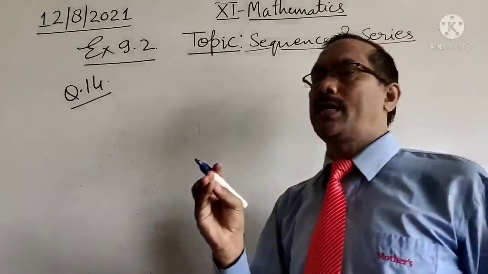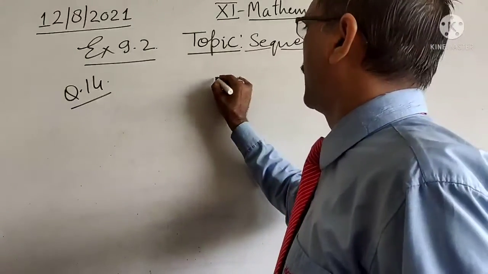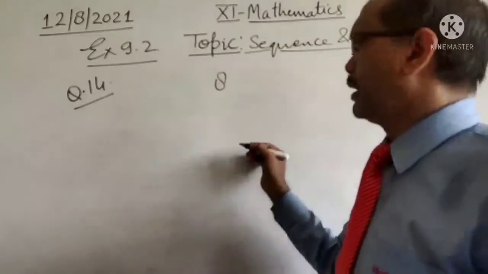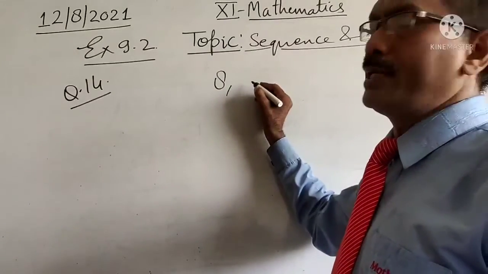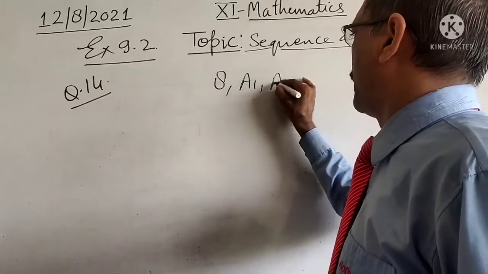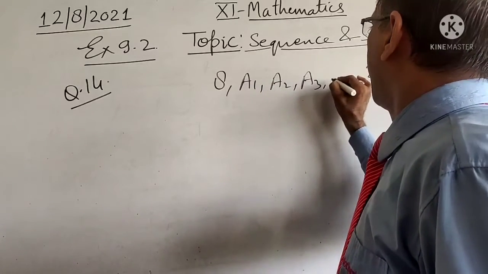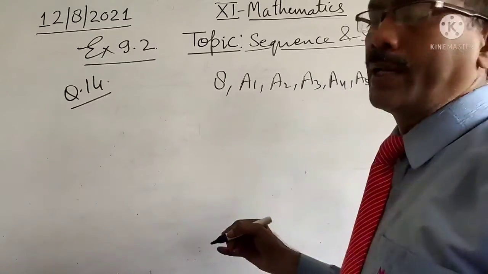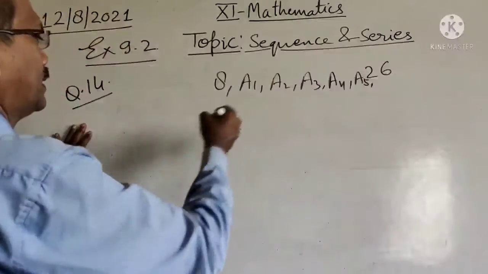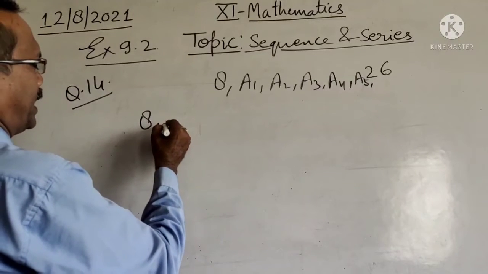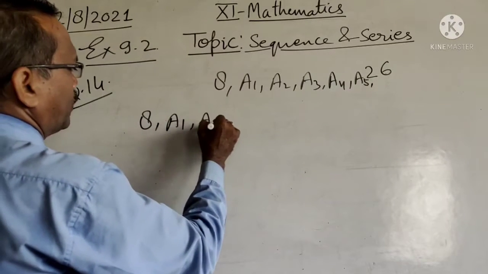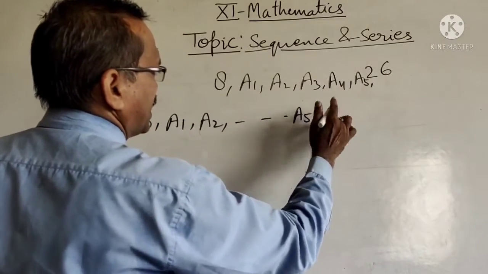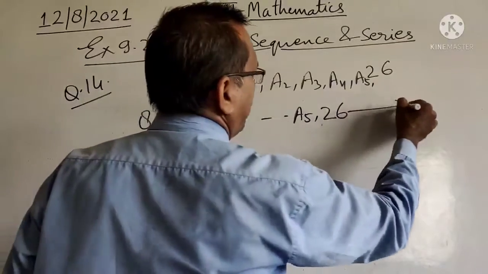So you have to insert 5 arithmetic means between 8 and 26. Let these arithmetic means be A1, A2, A3, A4 and A5. Dear student, then these numbers 8, A1, A2 till A5 and 26 form an AP.